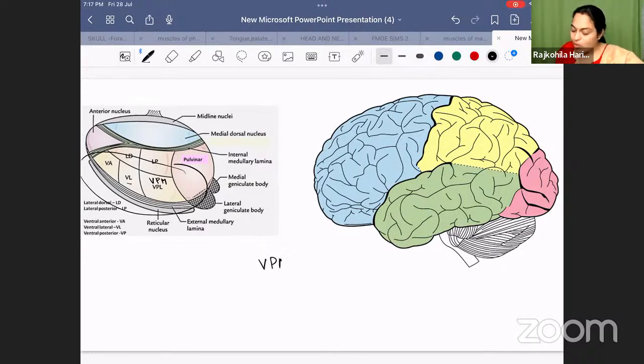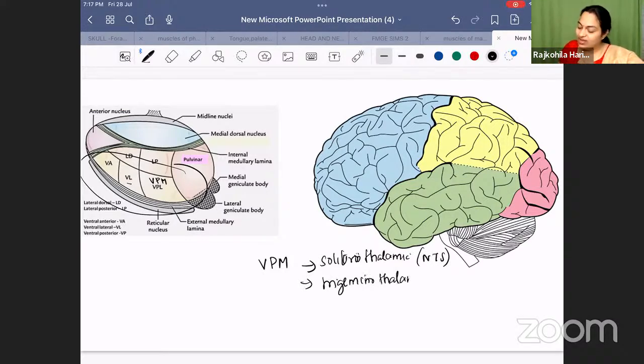So the ventroposteromedial will receive the solitariothalamic tract, which is projecting from the nucleus tractus solitarius, and the trigeminothalamic tract from the nucleus of the trigeminal nerve, right? So VPM. VPL, the afferents are coming from the lemniscus.